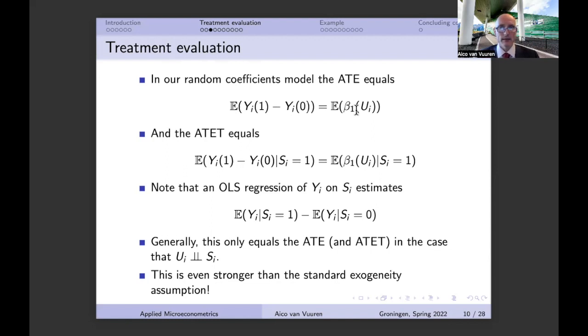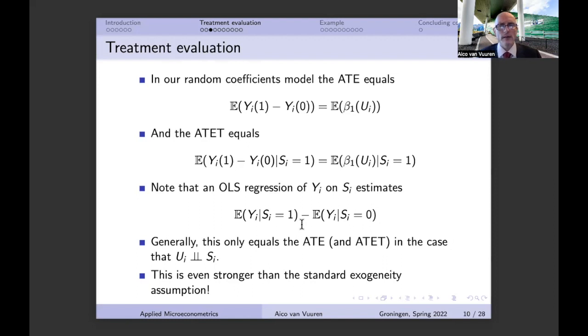Therefore, when we look at the average treatment effect, we take the average over the individual treatment effects. We can do exactly the same thing for the average treatment effect among the treated. It should not come as a big surprise that this is equal to the mean of beta 1 ui again, but now conditional on si equal to 1.